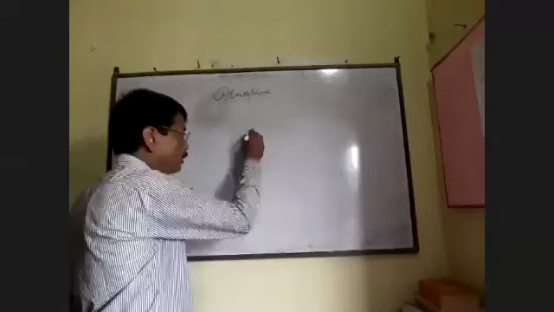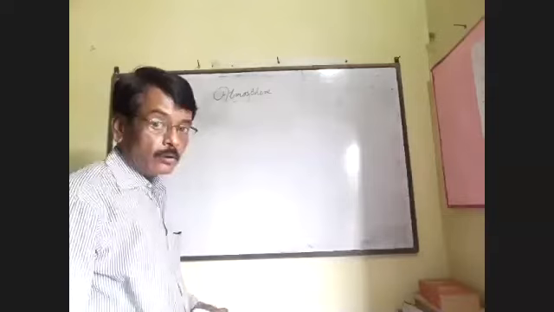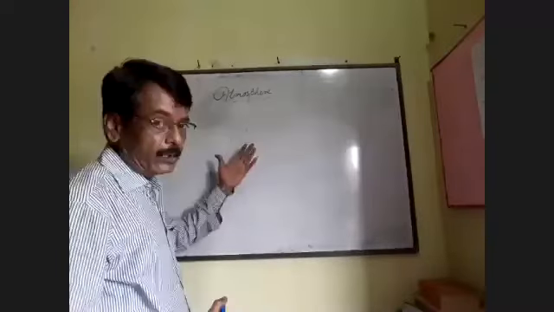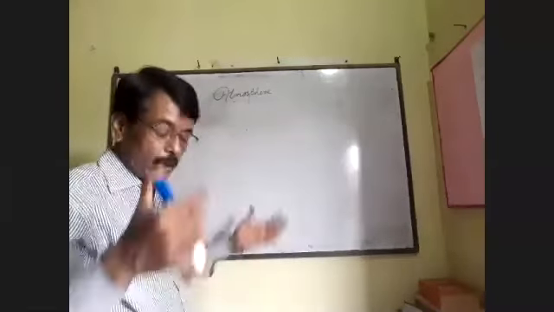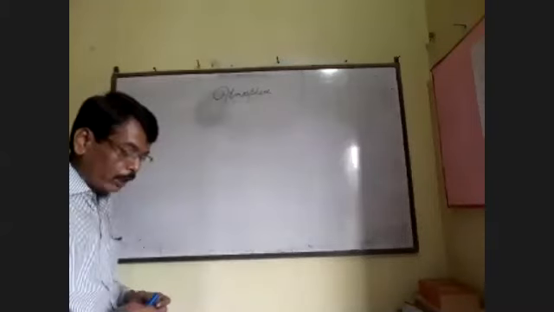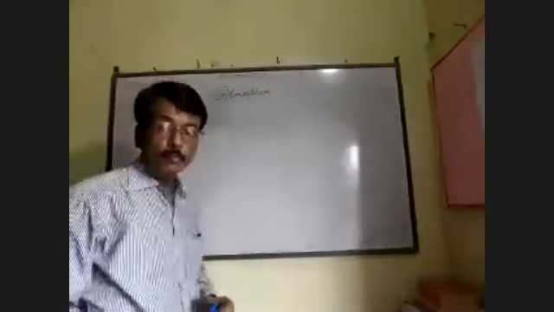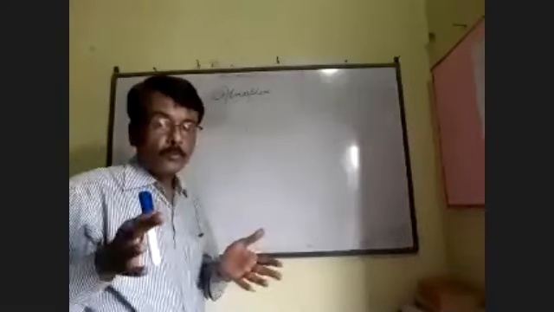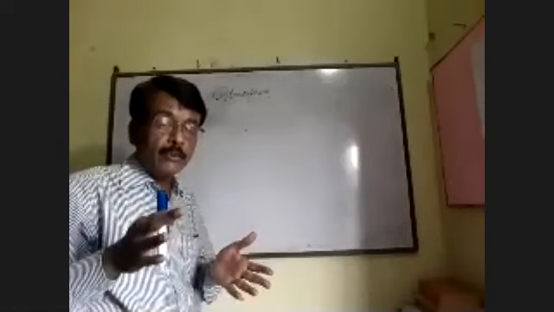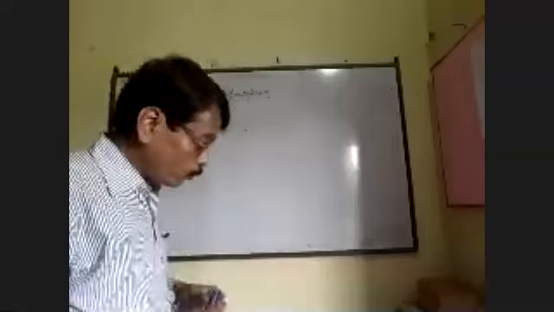Loo, very hot and dry winds. It blows in a particular area, not all over the country, so it is known as local wind. And the fourth one is variable winds. It varies. There is no certainty in which direction it will blow. Such winds are known as variable.